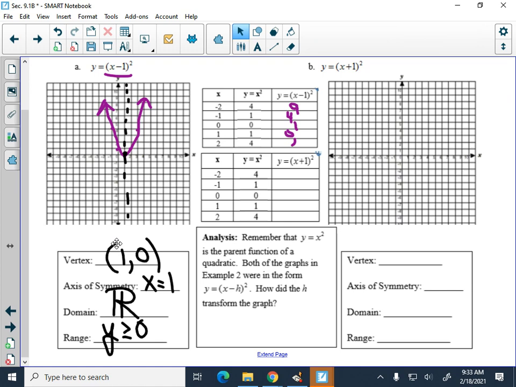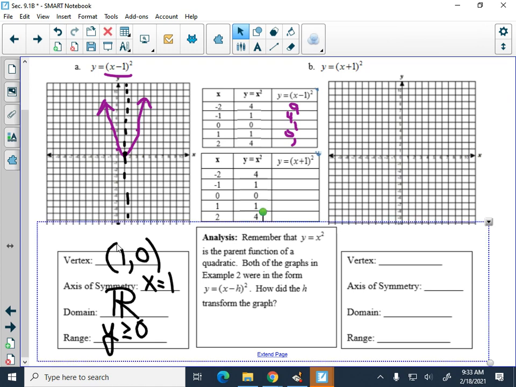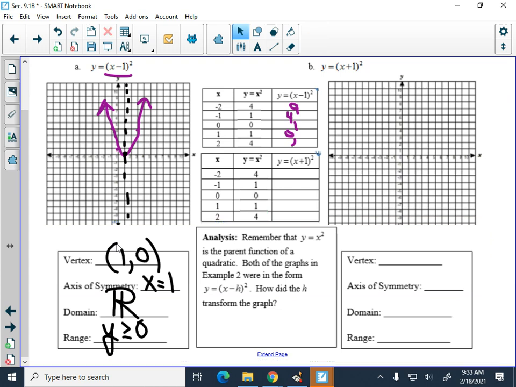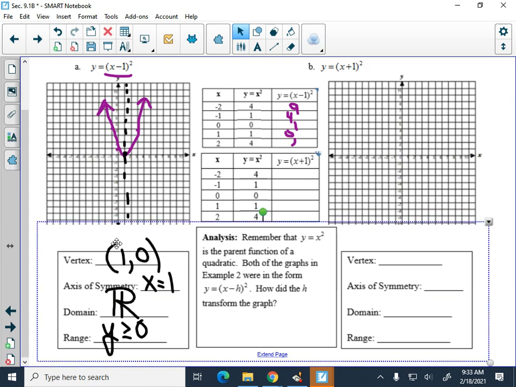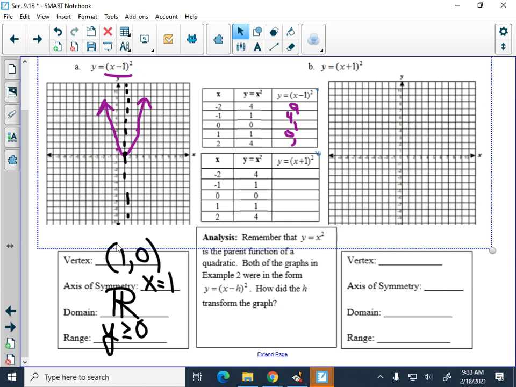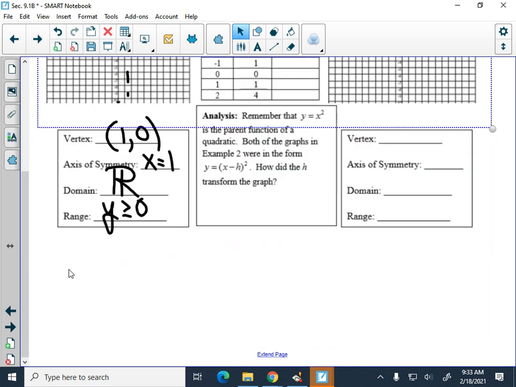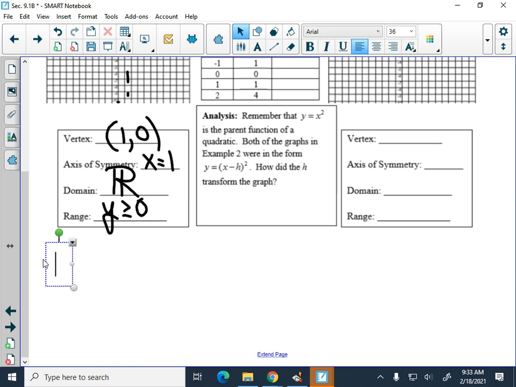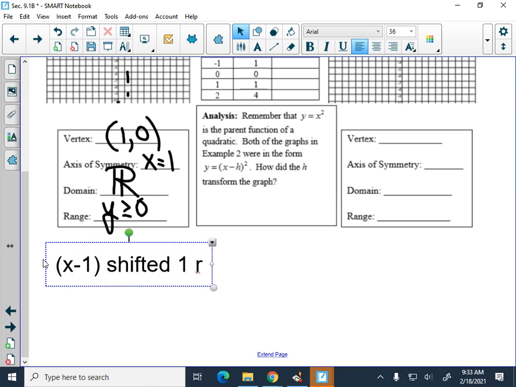Okay, so how did that one work? Shifted the whole graph 1 to the right.